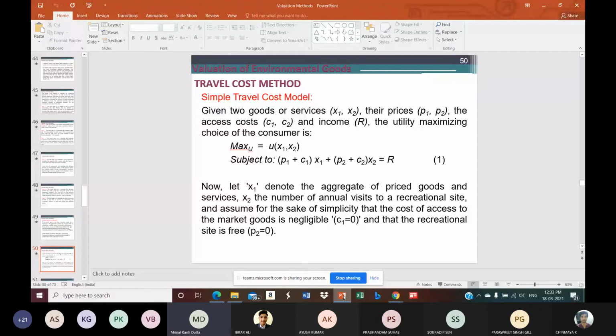Now here there is a little bit of a twist. We assume that X1 represents the aggregate of priced goods and services, and X2 the number of annual visits to a recreational site. So in a sense we can say that X1 is the marketed product, and X2 is the visits to the recreational site, the quantum.